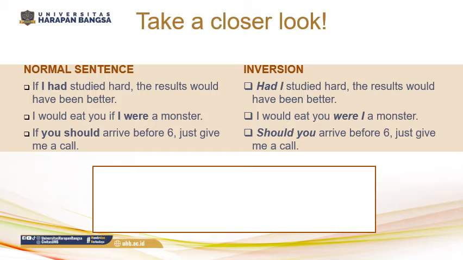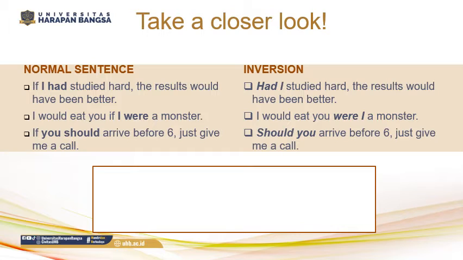Nah, let's take a look at number 1. We have conditional sentence using had ya in the if clause. Kita fokus pada if clause-nya saja. If I had studied hard. Ada kata if, kemudian subjek I, dan ada verb had.